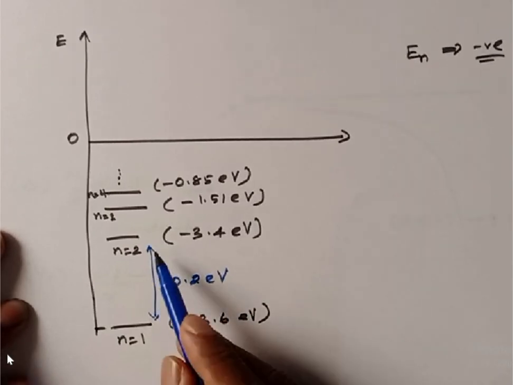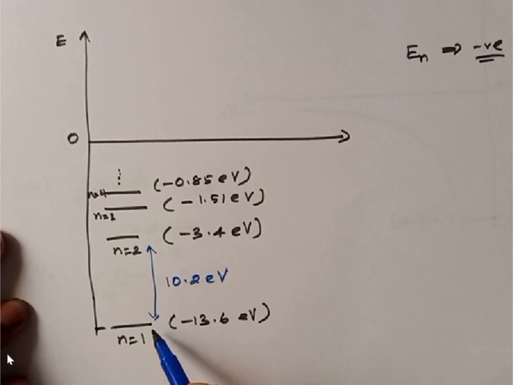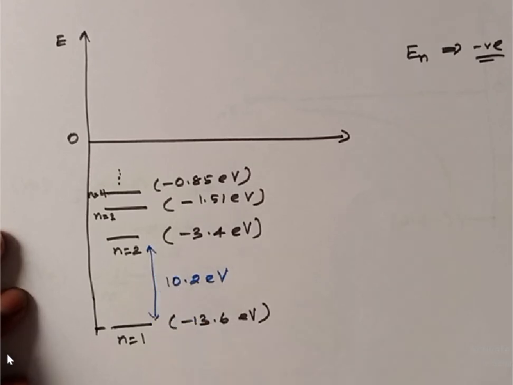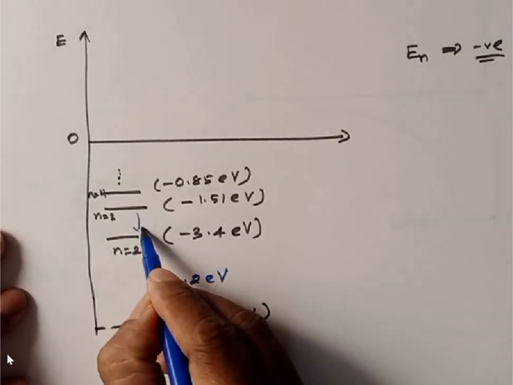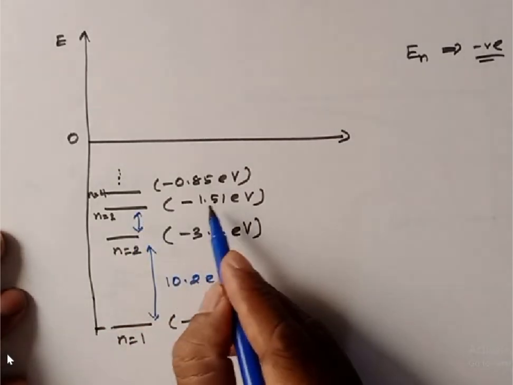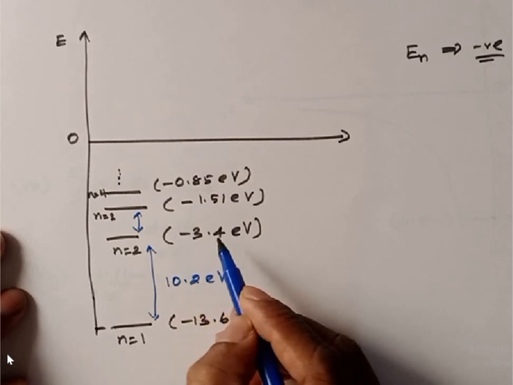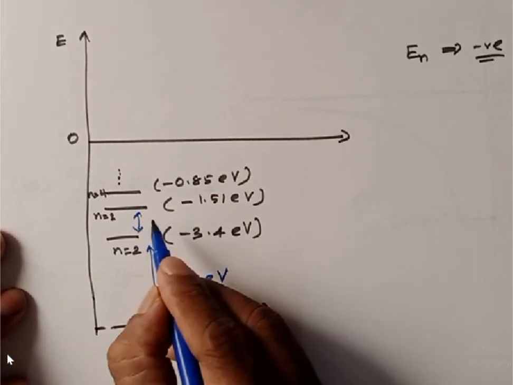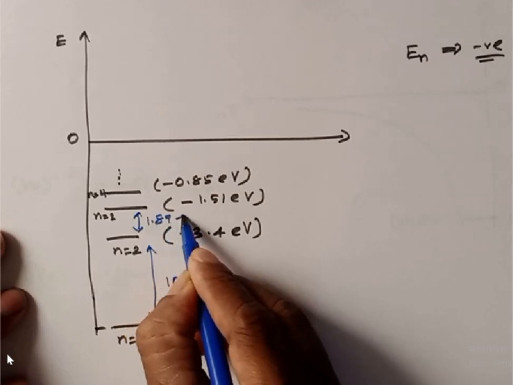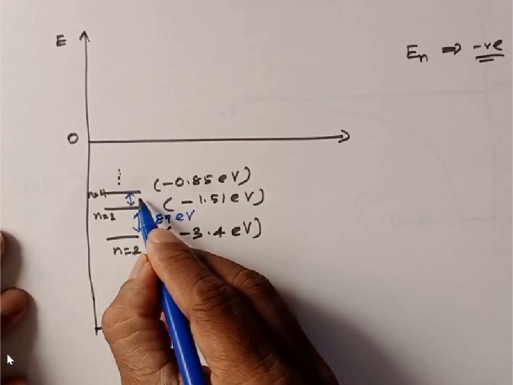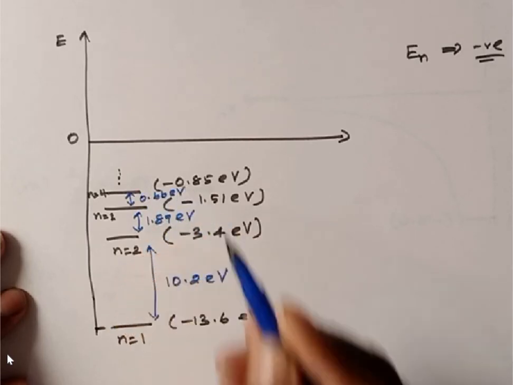So the energy gap between an electron in the first orbit and in the second orbit is 10.2 electron volt. And what's the gap between the second and third? Minus 1.51 minus of minus 3.4, you will get 1.89 electron volt. Similarly, for the next gap you will get 0.66 electron volt.